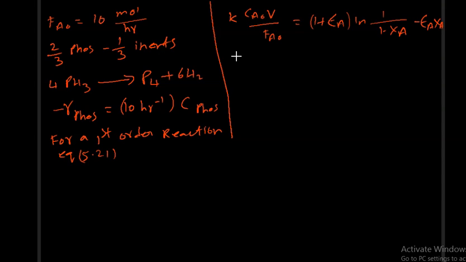So let us evaluate the terms. If we evaluate Ca0, we know that Ca0 is equal to Pa0 divided by RT.